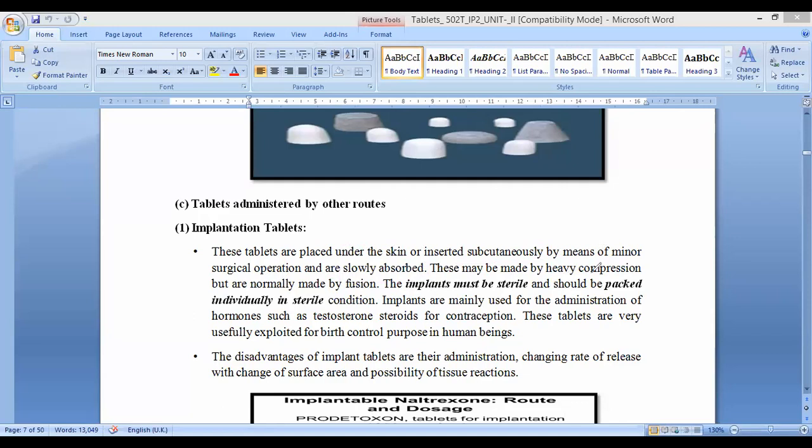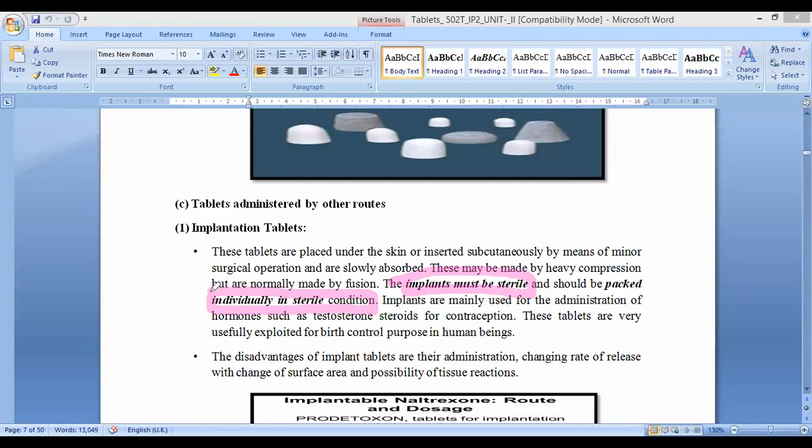They may be made by heavy compression, but are normally made by fusion. One of the most important criteria for implantation tablets is that the implant must be sterile in nature, and packed individually in sterile condition, because the implant tablet directly comes in contact with your blood circulation.